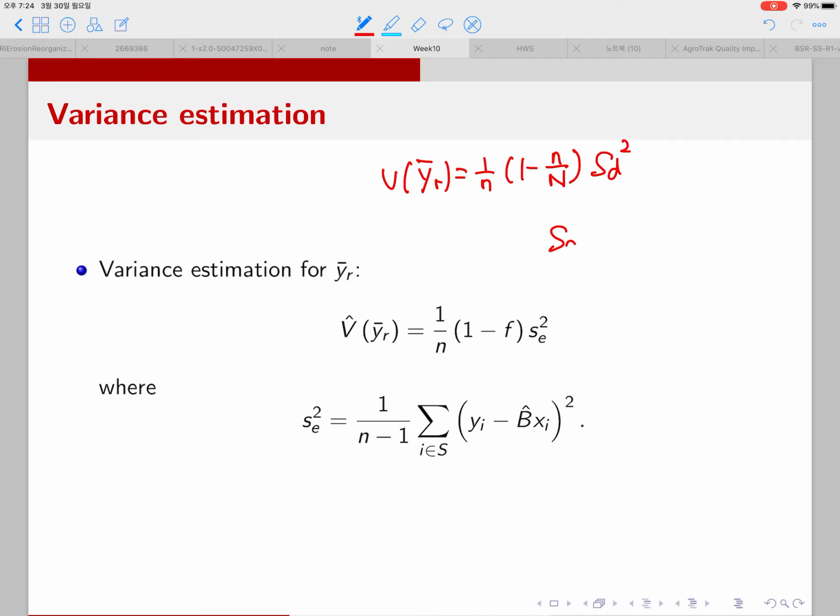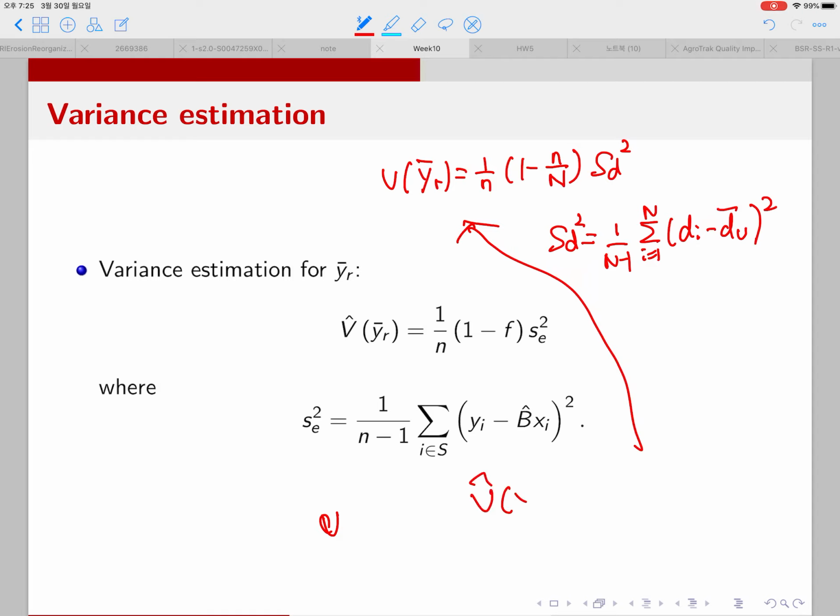And S_d square is the population variance of di. So you can estimate it. So one way to estimate this guy is, you have only to estimate S_d.